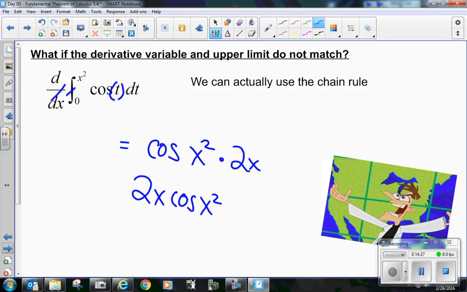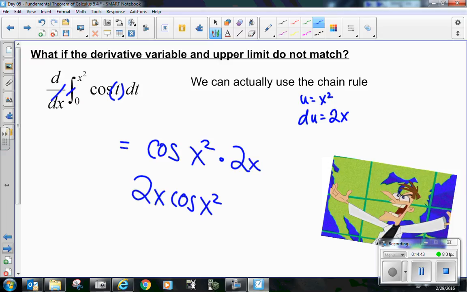If you want to look at it this way, you can. You ready? Chain rule or u sub. Let u equal x squared. So du equals 2x dx, or in this case dt, whatever.